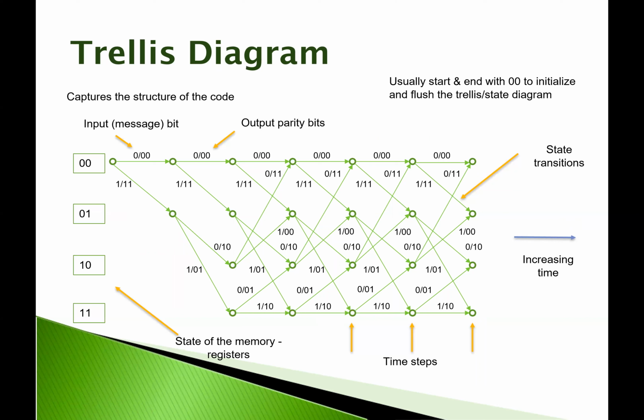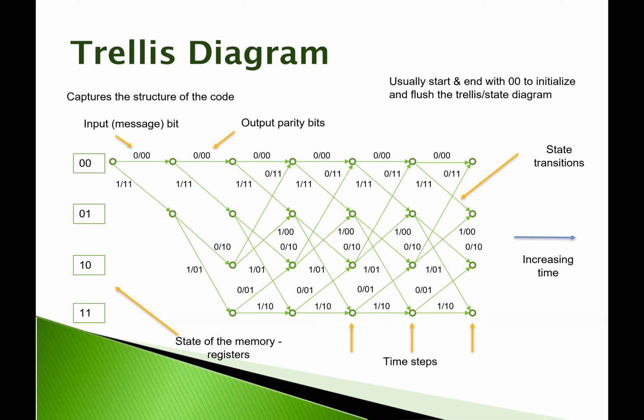So we can see how the system evolves, or potentially evolves, over time. Again, these values on the left represent each unique state of the system, right? So for k equal to 3, we have 2 to the k minus 1 states.